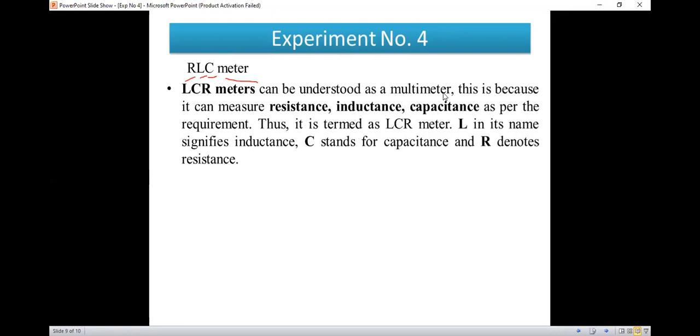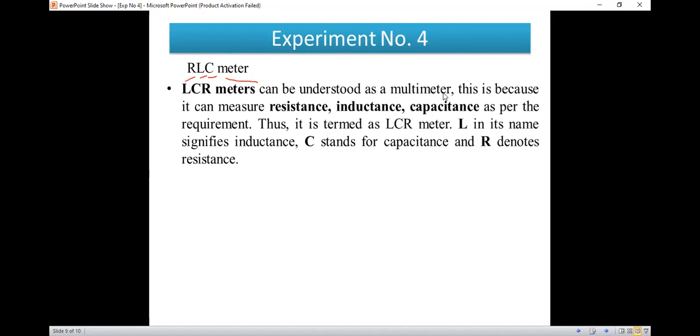The LCR meter or RLC meter can be understood as a multimeter, because it can measure the resistance, inductance, capacitance as per our requirement.